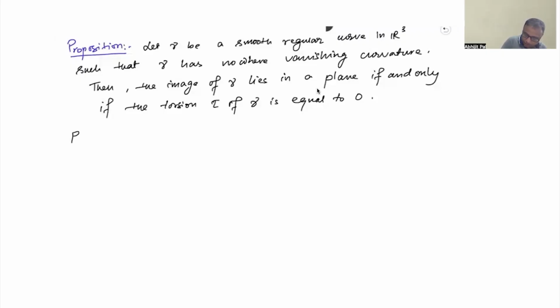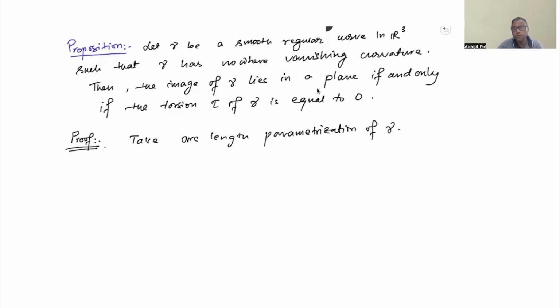So what is the proof of this? In order to get the torsion of this curve gamma, we take the arc length parameterization of gamma.